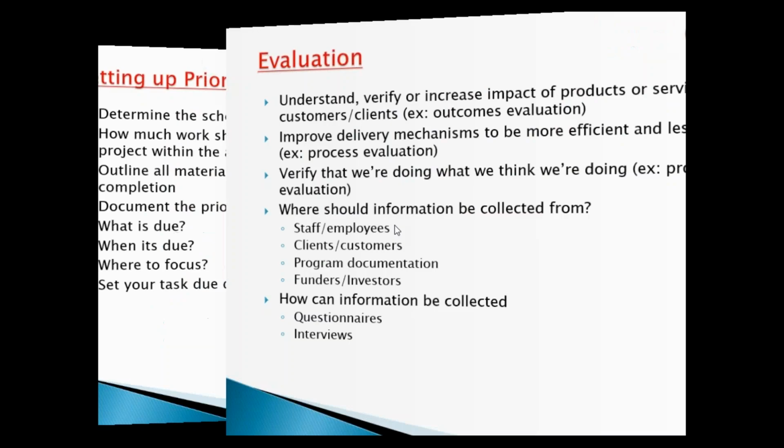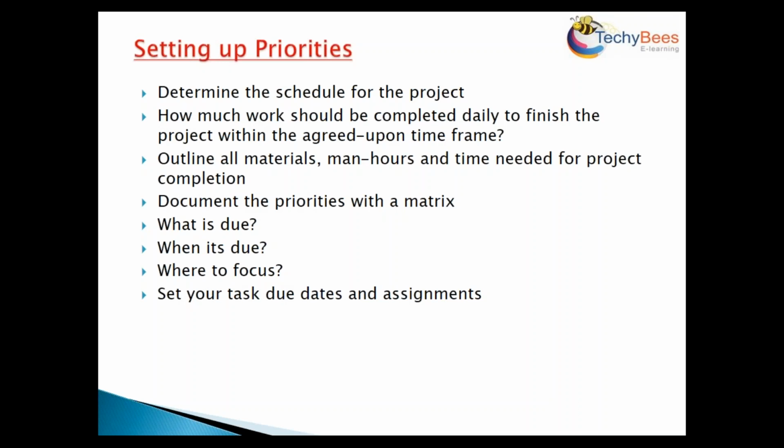These are simple terms. You will very frequently hear these terms when you work in a software company. Setting up priorities, be it process-based or system-based or whatever it is, you have to set priority. Which has to be completed first, which has to be completed at a later stage. You have to get things done within the agreed time frame, but prioritize the activities that you have to perform.